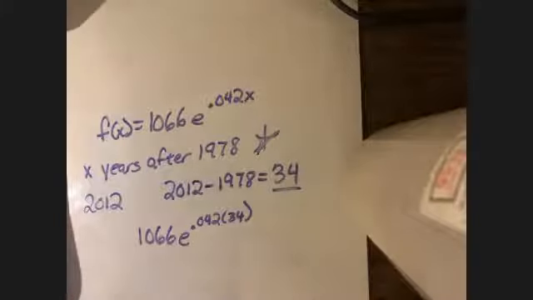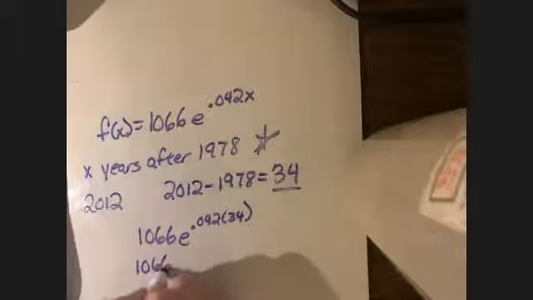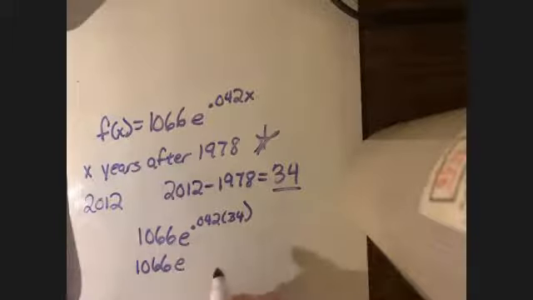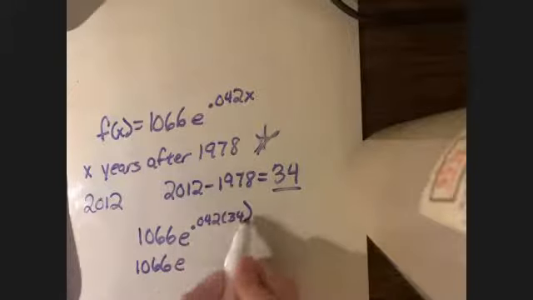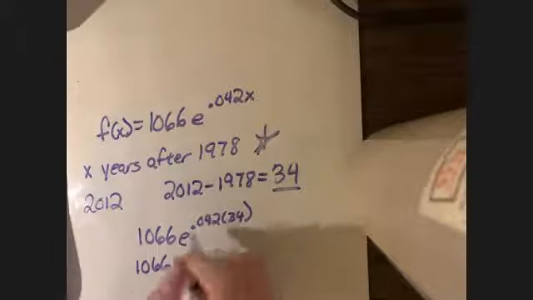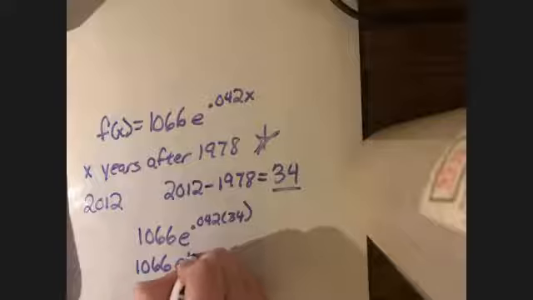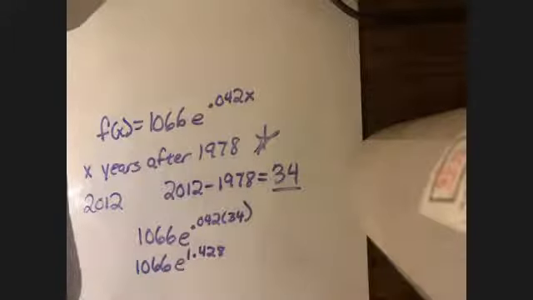If you want to make life a little bit easier on yourself, a lot of times with some of the other calculators, it's a little difficult to get this to all read as one thing. So it may be easier to go ahead and multiply that out and get 1.428. So all I did there is 0.042 times 34 and got this. This now makes it a little bit easier to put onto a calculator.